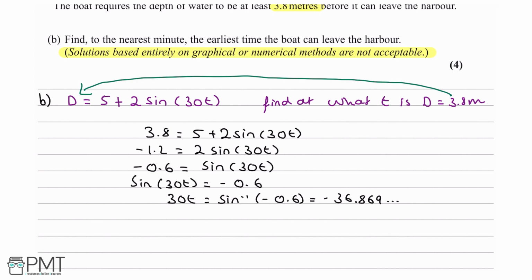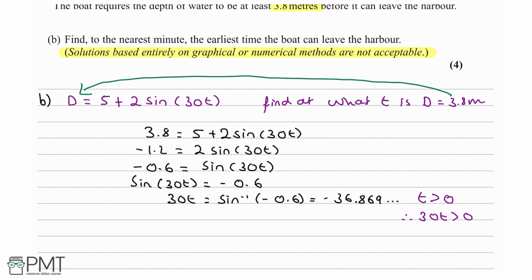We can't have a negative period of time, which is what minus 36.869 here implies. So let me add a little comment here: t has to be greater than 0, therefore 30t also has to be greater than 0.